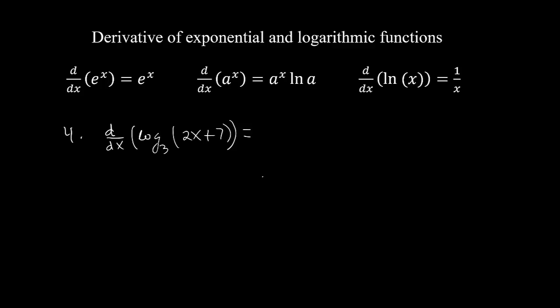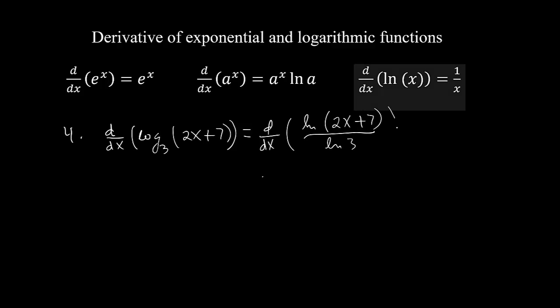Let us take a more complicated situation. I'm still getting logarithmic function, but my base is 3. It's not natural log. So then you need to change the base first. This one can be written as natural log of 2x plus 7 divided by natural log of 3.